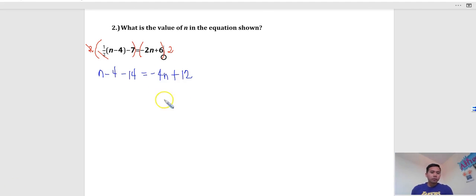Now, what we are going to do is combine like terms. So this is n. Negative 4 minus 14 is negative 18, is equal now to negative 4n plus 12.